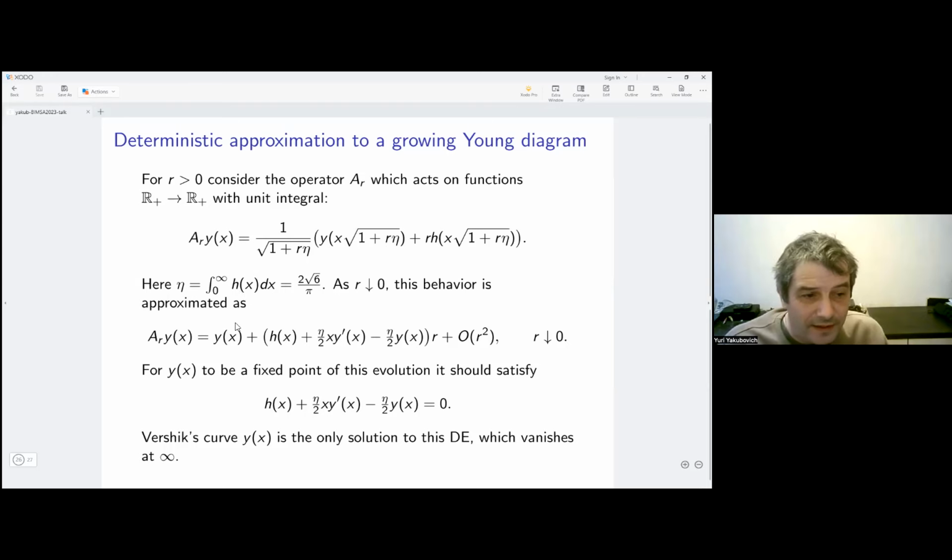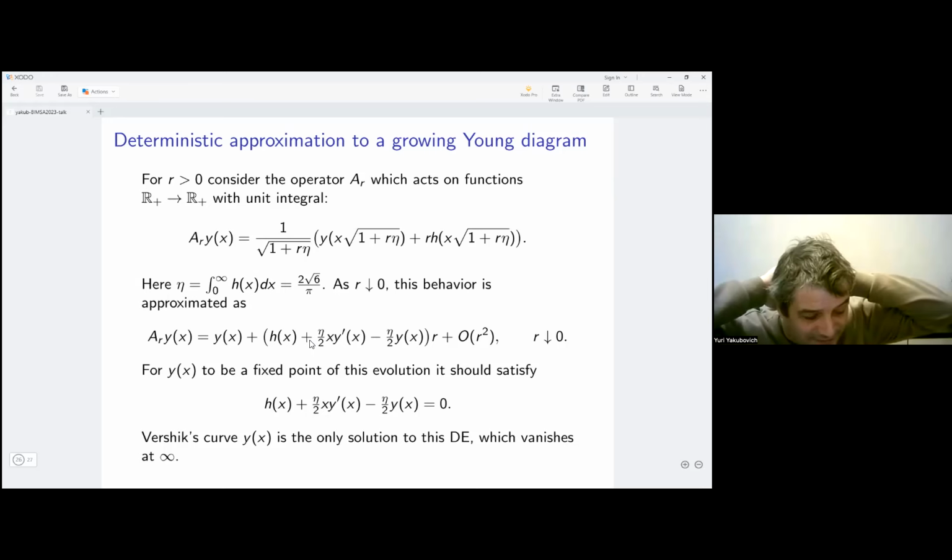If r is small, it is a good approximation for what we had on the previous slide. So for this random procedure run for a certain long time, but not very long, this randomness already disappears by the law of large numbers.